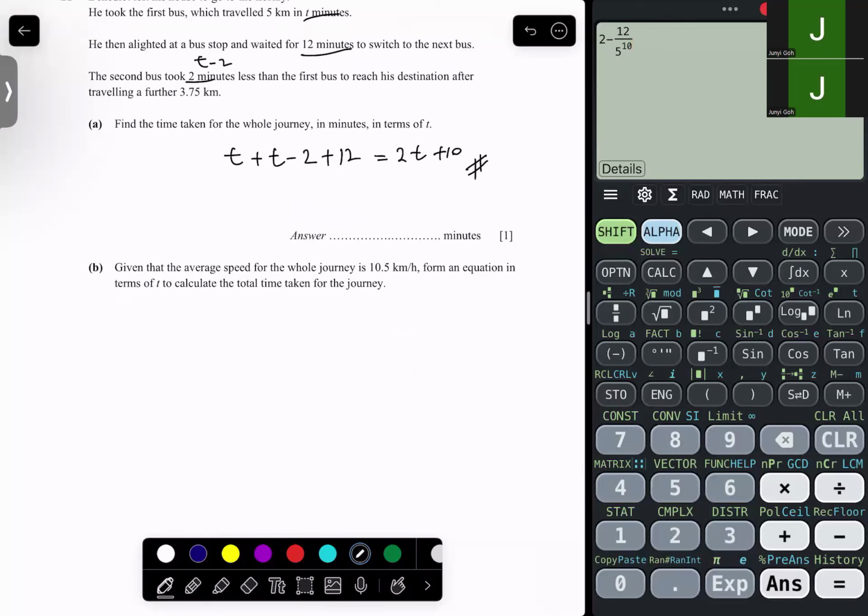Given that the average speed is 10.5, total distance equals 2T plus 10 multiplied by 10.5. So we get 21T plus 105.